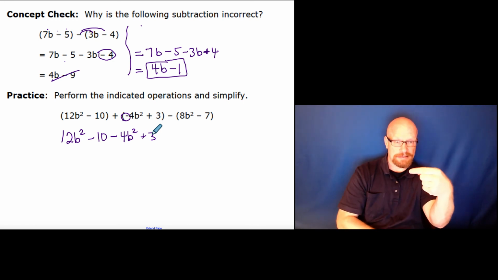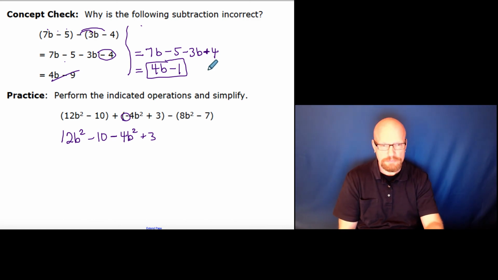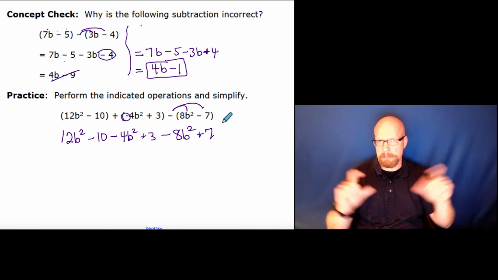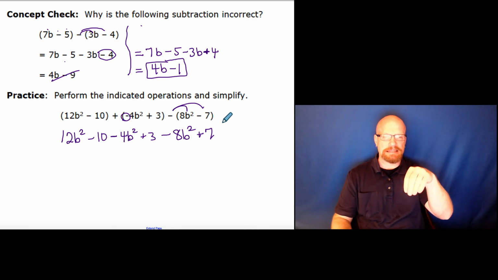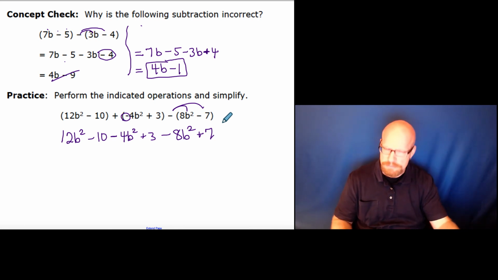Now the last polynomial, we have a minus sign. We have to distribute it now. Now we'll look for combining like terms. We'll fully simplify this polynomial.